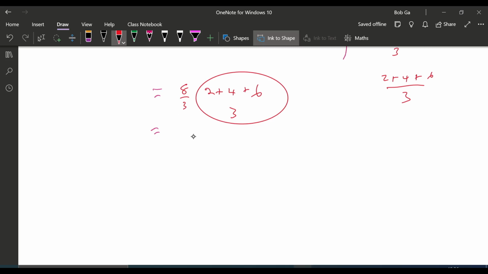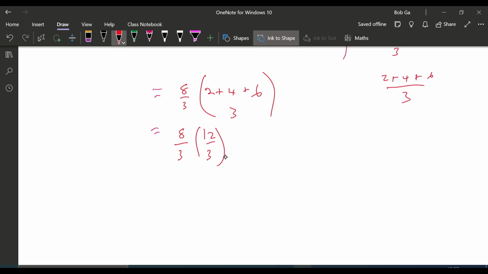So now 2 plus 4 is 6, plus 6 is 12. We are multiplying like that. So 8 over 3 into 12 over 3, because 2 plus 4 plus 6 is 12.